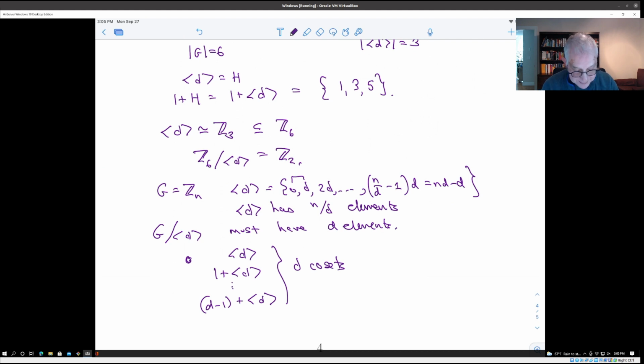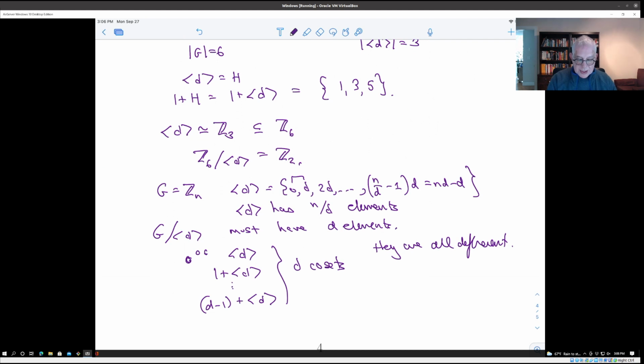They're all different because this one contains 0. This one doesn't contain 0, but it contains 1, and so on. The next one contains 2, and the last one contains D minus 1. So they are all different. And there are D of them, so that must be all of them.